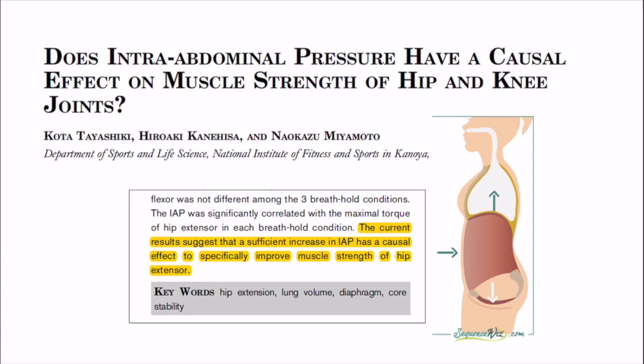This becomes a problem when, in order to be successful in an activity, in order to generate enough peripheral force to be successful in activity, you have to hold your breath and create this very rigid column of stability around your spine.